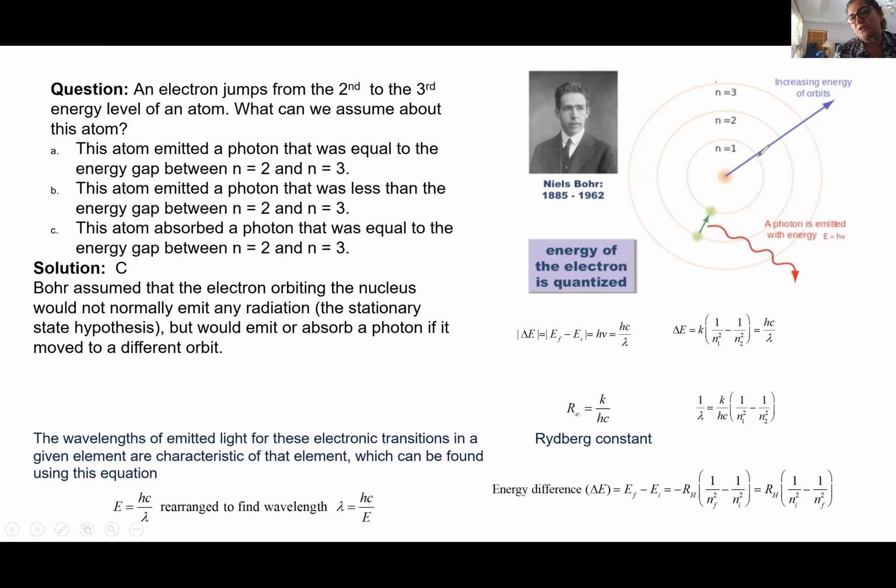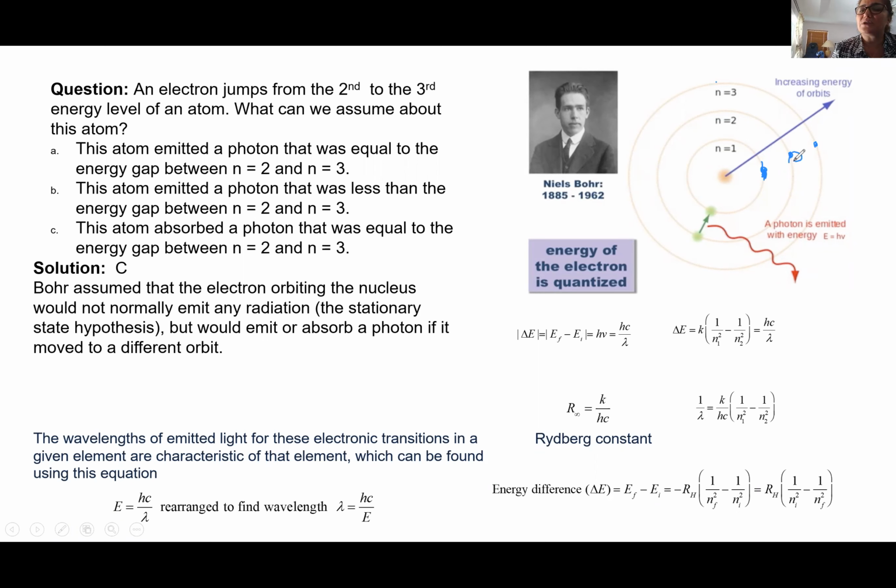So for the electron to spend time in level 1 is going to require less energy. If it is in level 2, it's going to have more energy. If it's in level 3, it's going to have even more energy.